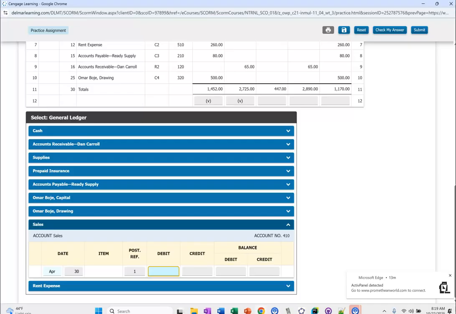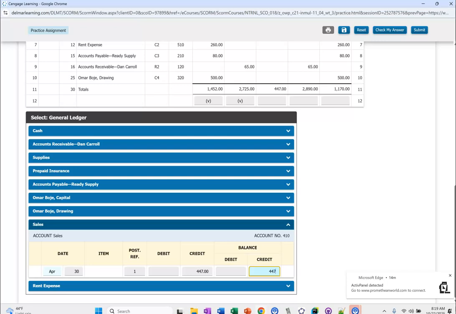And then where am I going to put the 447? In the credit, because it's the sales credit column. And my balance is now credit or debit? Credit of 447.